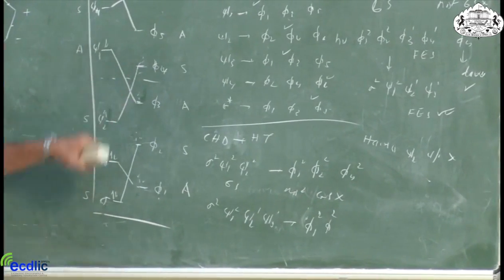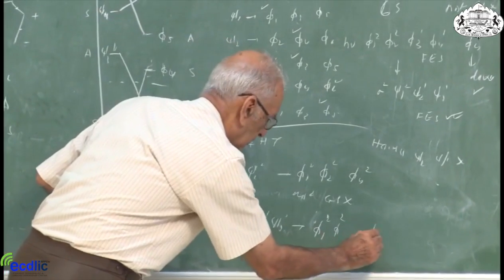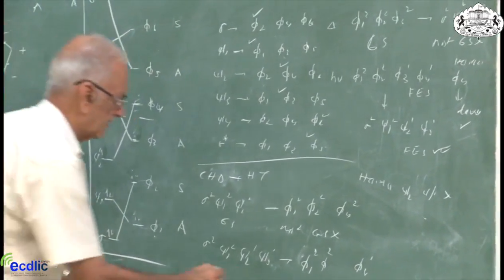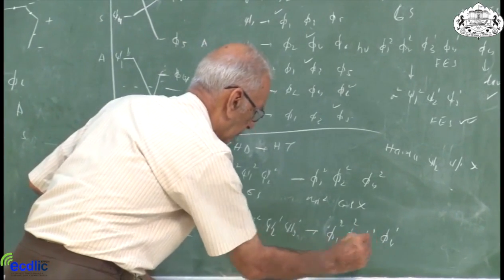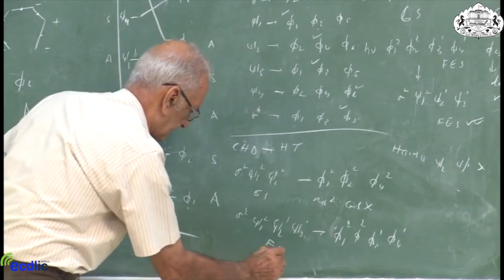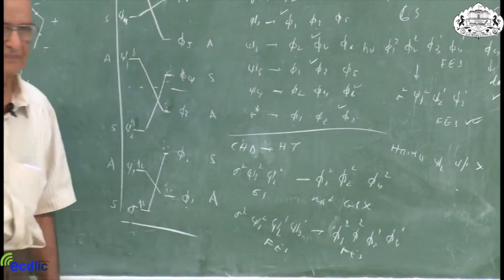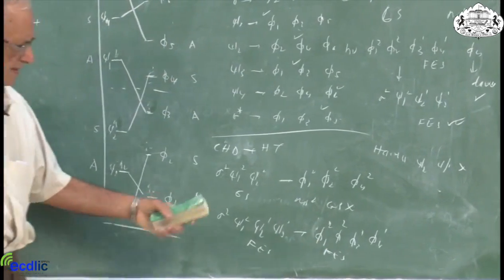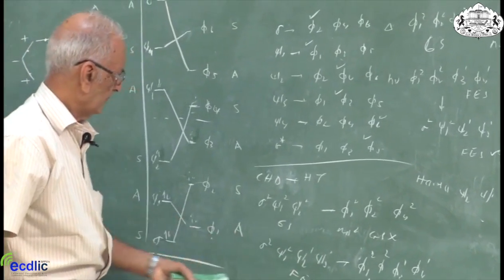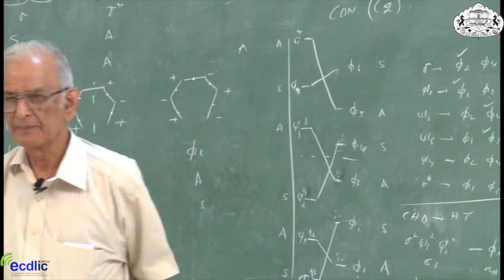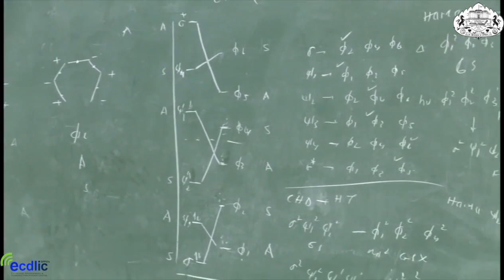Psi 2 1 goes into phi 4 1, and psi 3 1 goes into phi 3 1. First excited state gives first excited state. What is your HOMO? Your HOMO is psi 3. Psi 3 goes down, therefore the reaction is allowed.